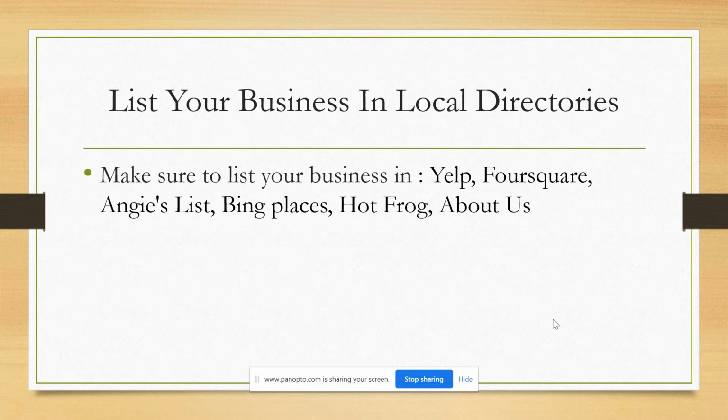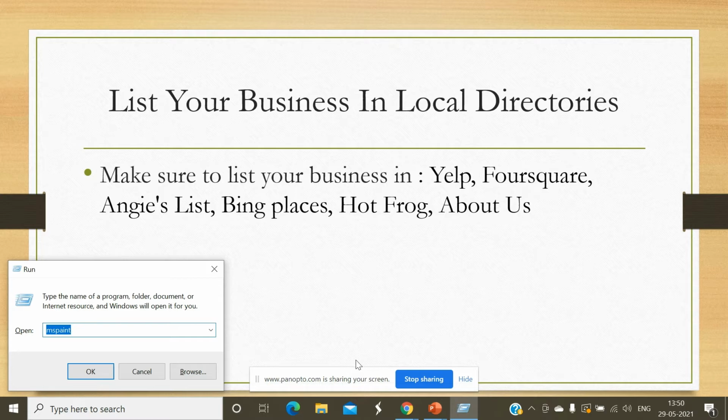Once you analyze your keywords, the next step is you have to list your business in local directories. You have to make sure you list your business in Yelp, Foursquare, Angi's List, Bing Places, Hotfrog, and About Us. So these are local business directories. I'll show it to you. Yelp, Foursquare, Angi's List, Bing Places.